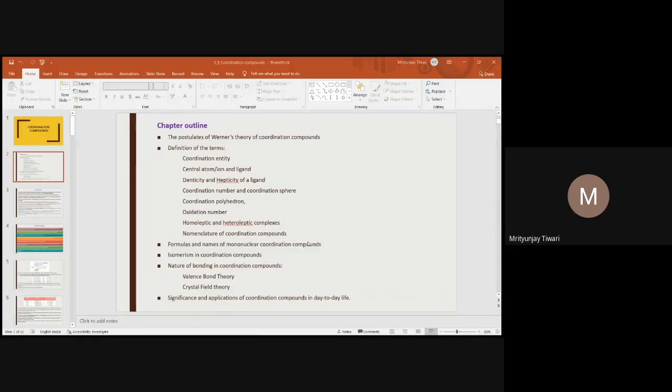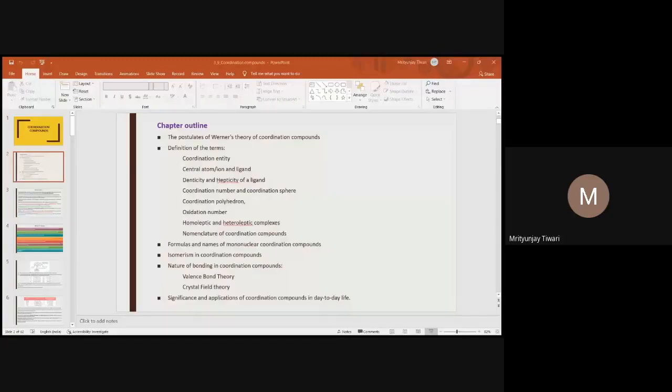The difference between hapticity and denticity we will see in detail later on. Basically, in hapticity there is a continuous conjugation between the bonded atoms. If the hapticity is one, it is a monohaptic ligand, and it will form only one bond with the metal. If the hapticity is two, it is a dihaptic ligand, so two atoms of the ligand will be coordinating to the metal.